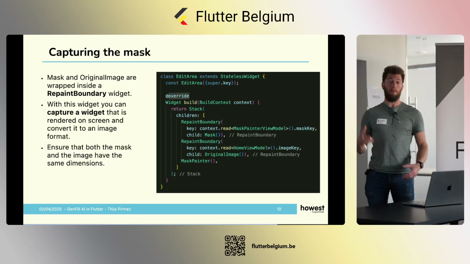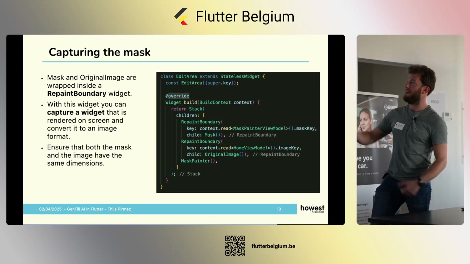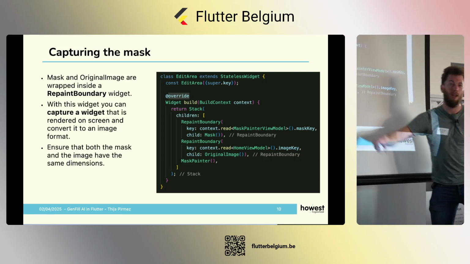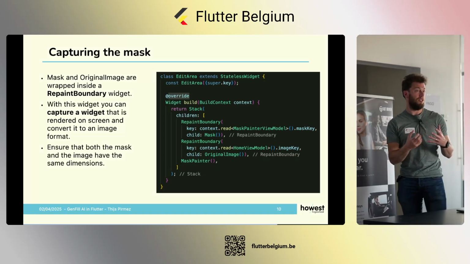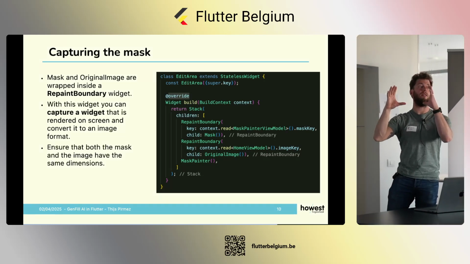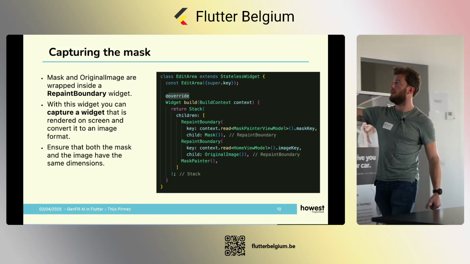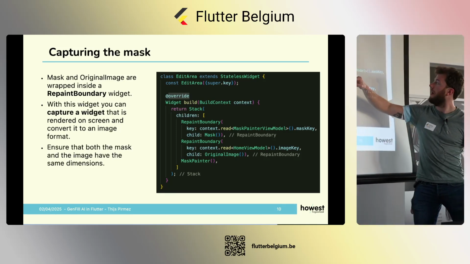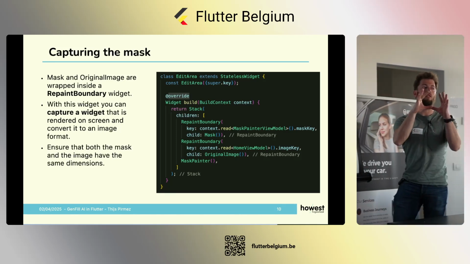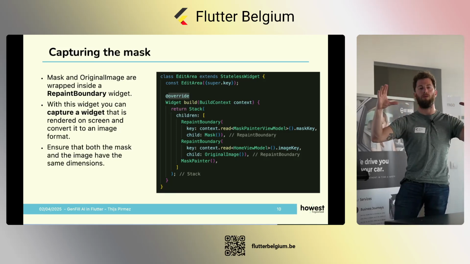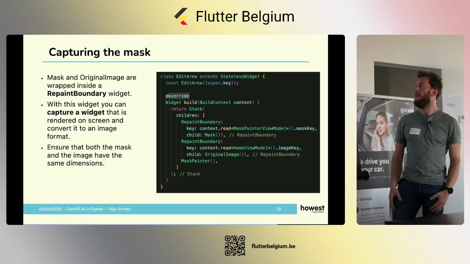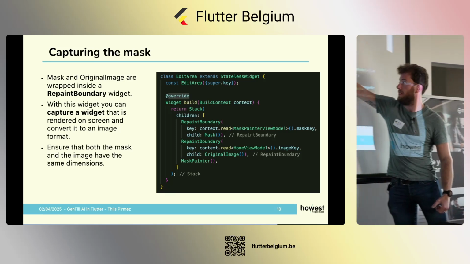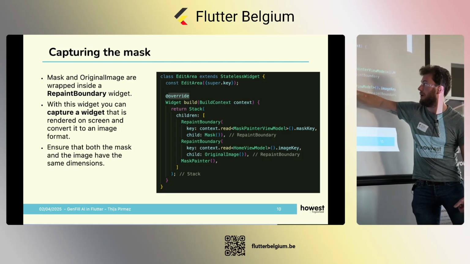And then to capture everything, I used the repaint boundary widget, which takes a screenshot of what you are rendering on your screen. But the good thing is you can enhance that image. It doesn't take the pixels on the screen. You can enhance it to an actual image size. So I wrapped my mask and my original image into a repaint boundary.